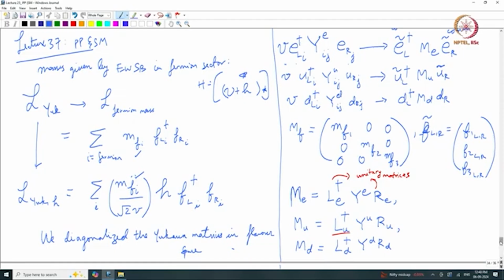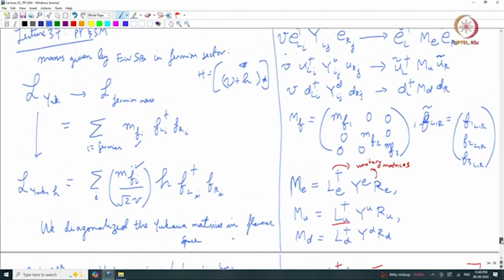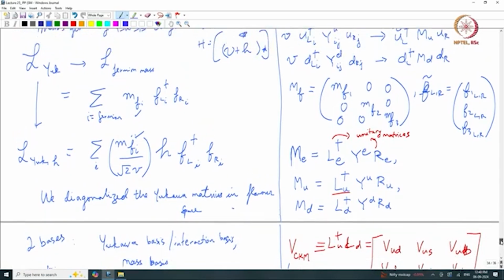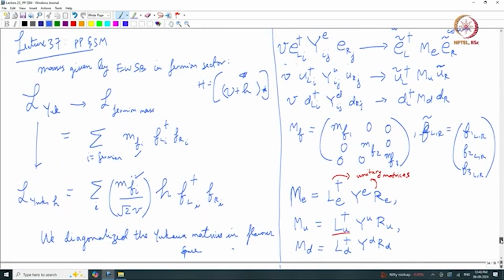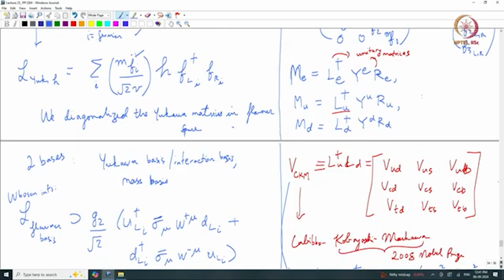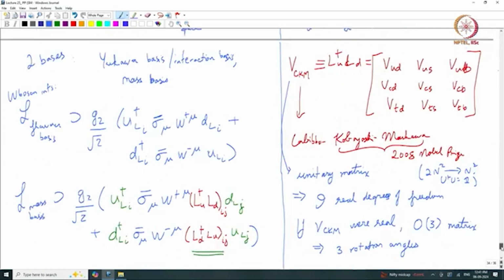When we put an up quark with a charm quark, we do not call that the up quark mass, right. We call it a mass only when it is an up quark and an up quark. So we have to go to the diagonal basis, right. And we needed some matrices to rotate the fermion fields in flavor space, which also helped us diagonalize the matrix, and that is what we have written down here. Those happen to be unitary matrices.